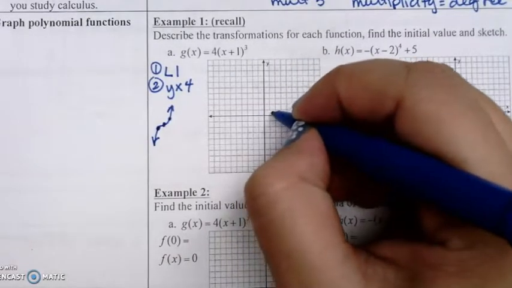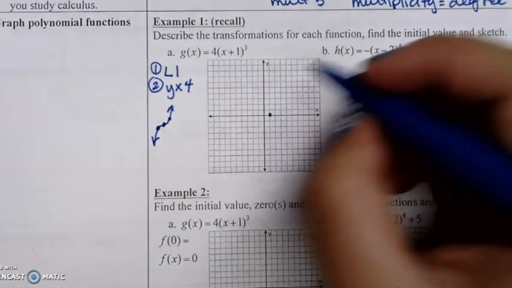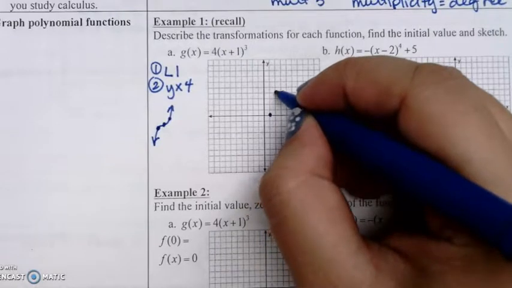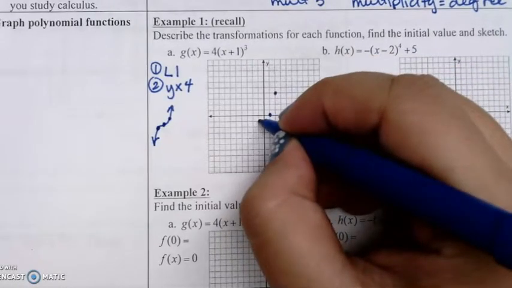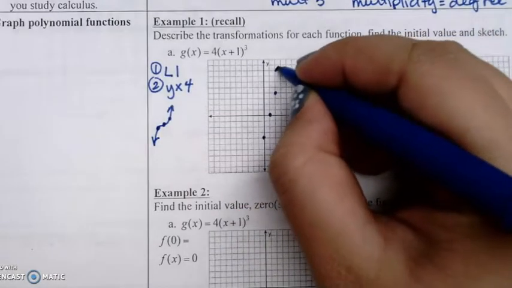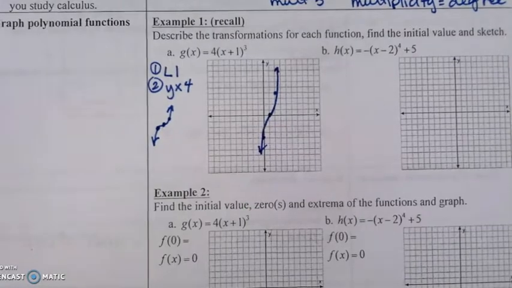So I go 1 over, multiply the y times 4 is 0. And then from here, 1 over, multiply the y times 4 is 4. Here, 1 over, multiply the y times 4 is -4. And so I have my new graph.